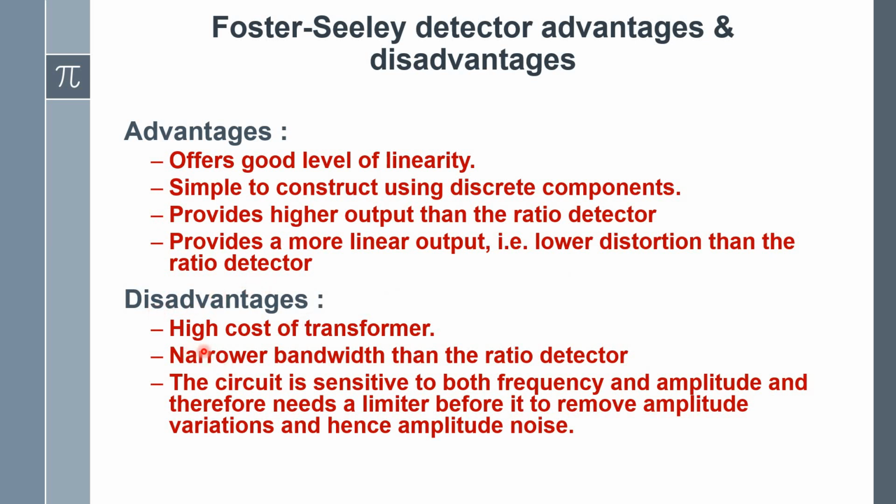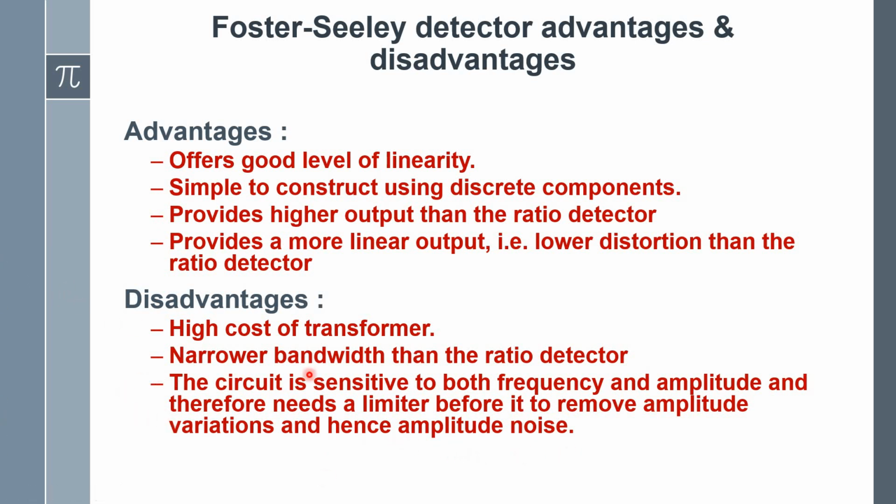Disadvantages: high cost of transformer, and narrow bandwidth compared to the ratio detector. The circuit is sensitive to both frequency and amplitude and therefore needs a limiter before it to remove the amplitude variation and hence amplitude noise.